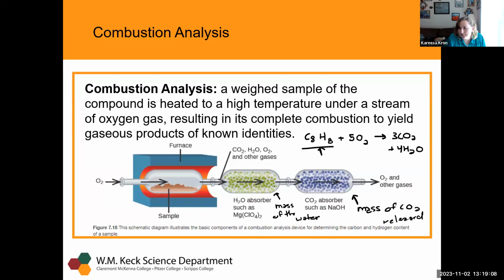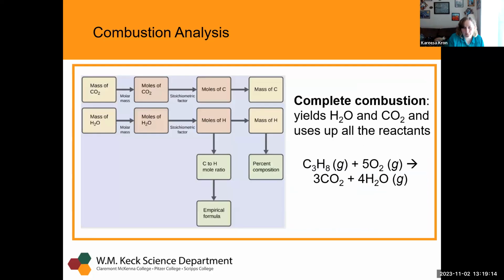And so if we have these masses, then we can return to a slightly reformatted version of our table where you can use the mass of CO2 to calculate moles of CO2. You can use that to determine the moles of carbon. So for every mole of CO2, we're going to produce 1 mole of carbon.